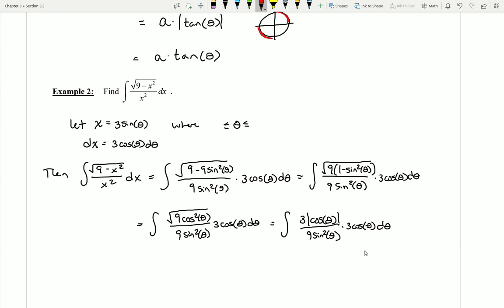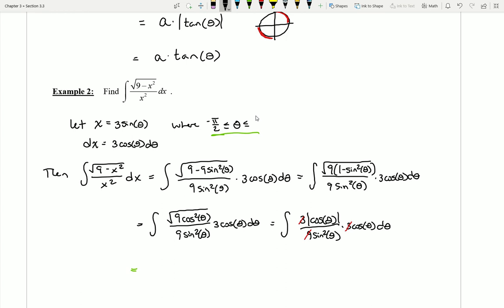Now, I'd like to simplify this down a bit further, and a couple things jump to mind right away. Like, I can simplify 3 times 3 makes 9, and dividing that by 9, those are all going to cancel out. But what do I do with the absolute value bars? Remember, it's in exactly this step where I need my angle restriction. I need to have a range of angles where the cosine is always positive.